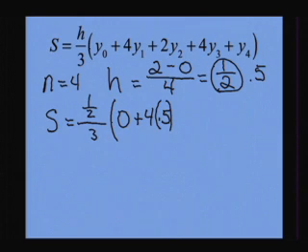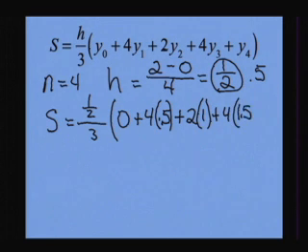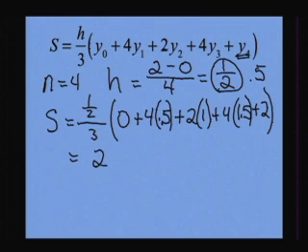Then we would have plus 2 times 1, because again, the step is 1/2, so 1/2 plus 1/2 gives me 1, plus 4 times 1.5, and then plus the final value, y sub 4, which is 2. Again, when we work all of this out, this actually works out to the number 2.